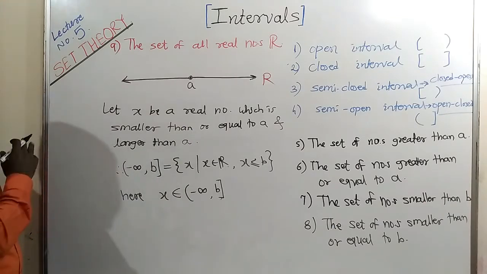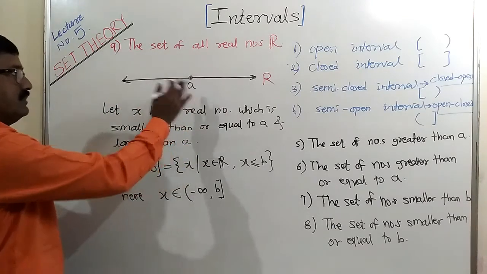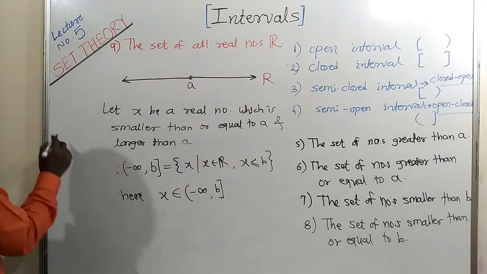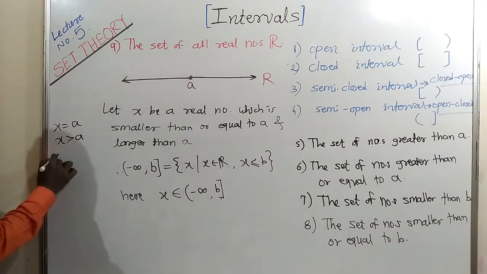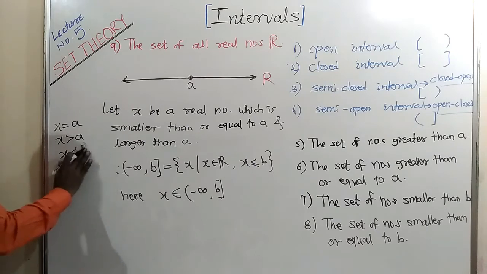It is smaller than A or greater than A or equal to A. So in symbolic form this x is equal to A, x is greater than A, x is less than A.